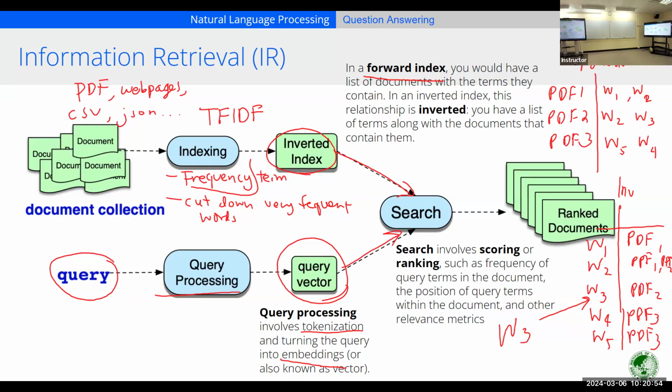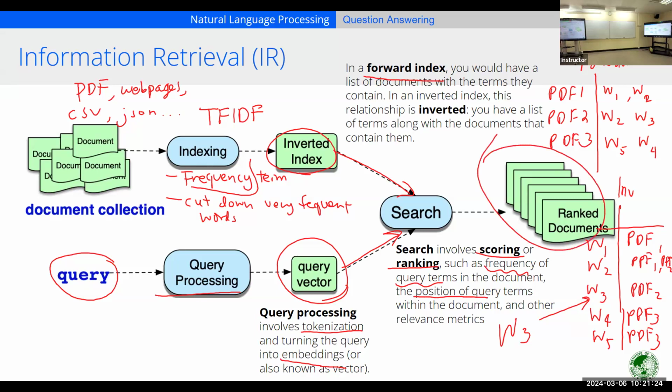So how do we search? Well, we can have a lot of scoring criteria to rank: frequency of the terms, the position of the terms, and so many metrics that you can think about.